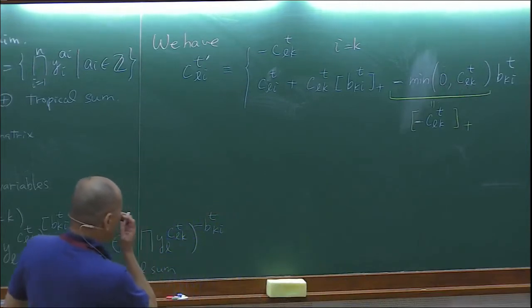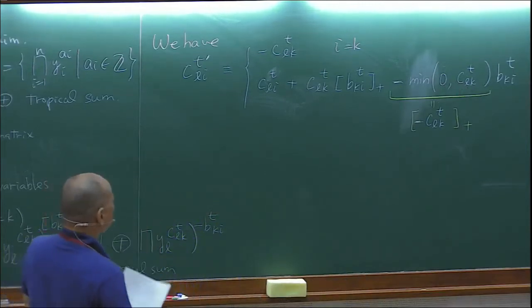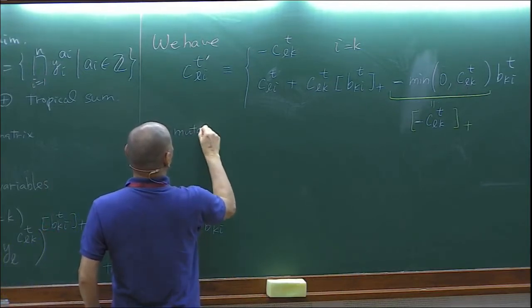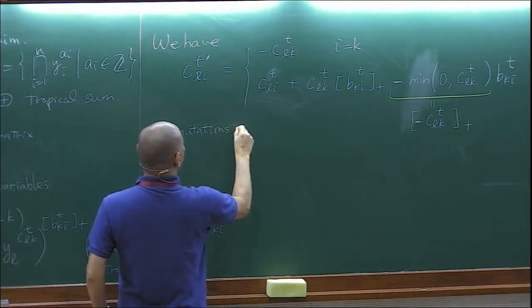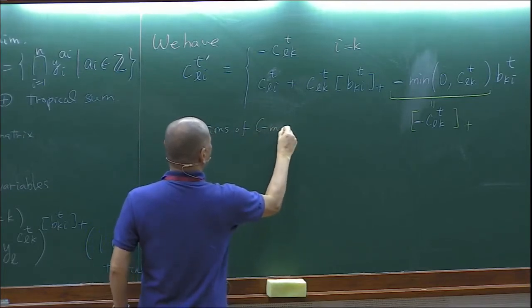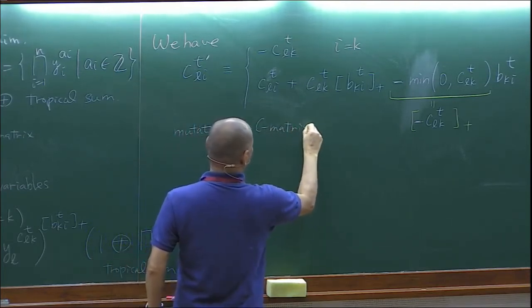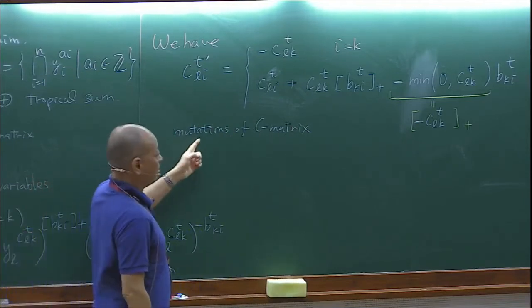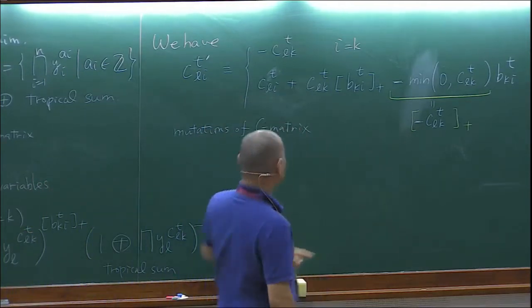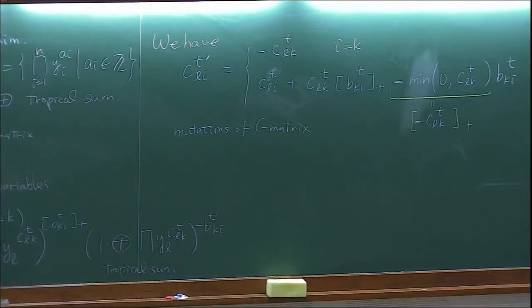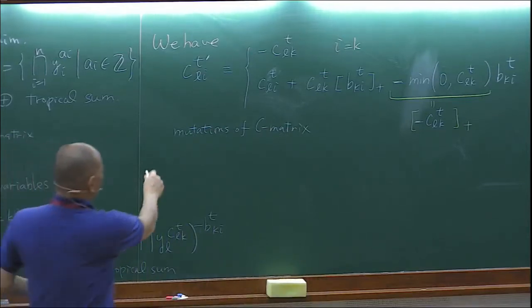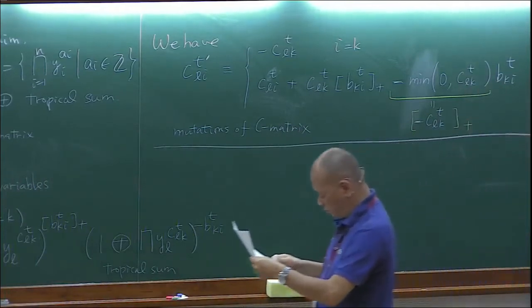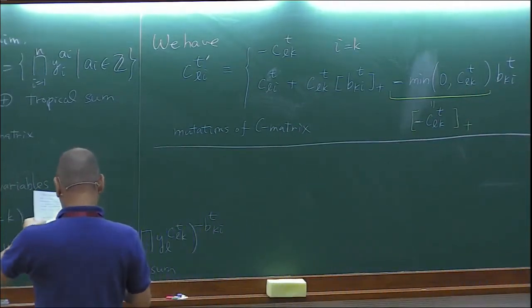By the way, this formula is exactly equal to the mutation of the C matrix, which I wrote yesterday. You don't have to remember it, but you saw it yesterday, and it is exactly this formula. So this is the origin of this mutation formula. Okay.